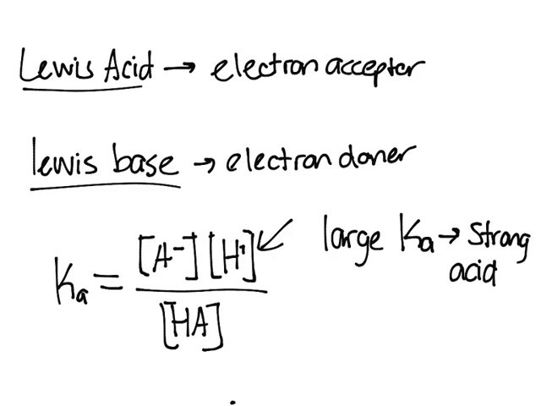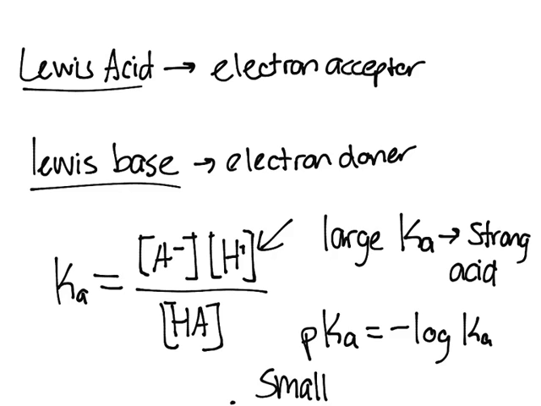And so the common way people describe the strength of an acid is actually based on pKa. And so pKa is equal to the negative logarithm of Ka. And so essentially what you need to take out of that is small pKa is a strong acid.